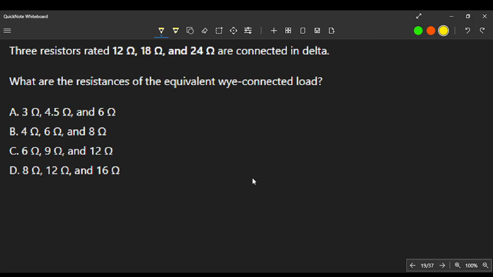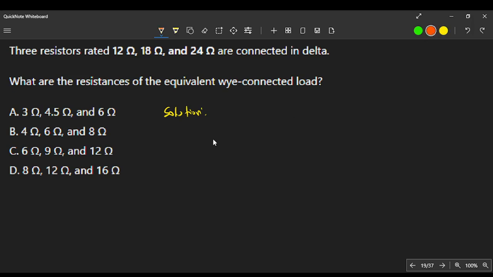So let's have some examples. Three resistors rated 12 ohms, 18 ohms, and 24 ohms are connected in delta. What are the resistances of the equivalent Y connected load? Solution: we have three resistors connected in delta.